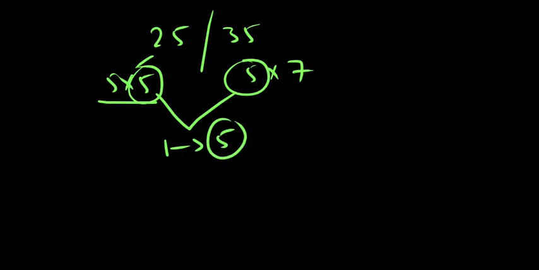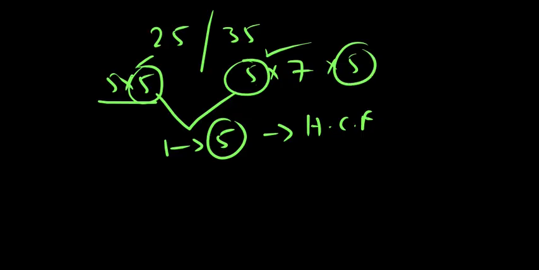Only 1 5 is common here. This is the highest one. If there is another 5 here, two fives are common. So 5 into 5 becomes 25. That would be the highest common factor. Okay, when it comes to HCF, it is like this.